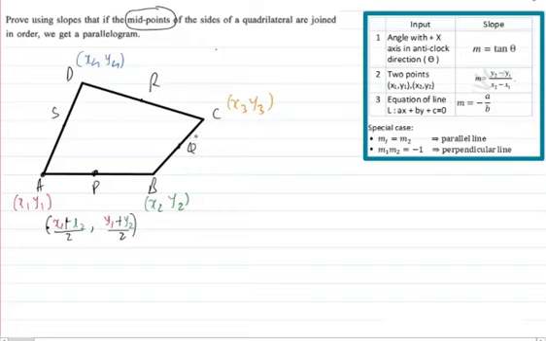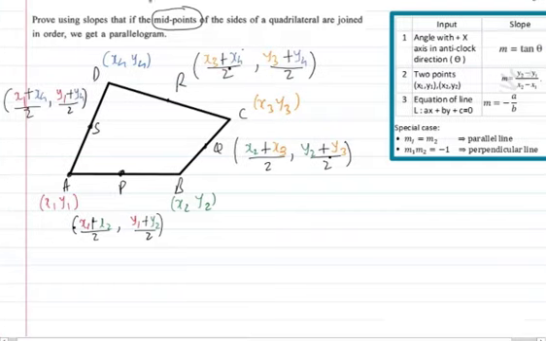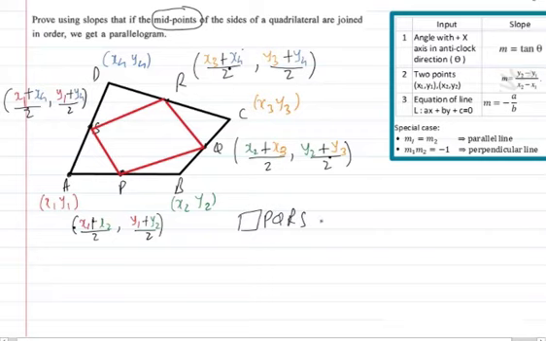Similarly, we can find the coordinates of Q, R and S, right? Now we have to connect these midpoints PQ, QR, and finally SR. The question is, we have to prove that PQRS is nothing but a parallelogram, right? Now you understand the question.